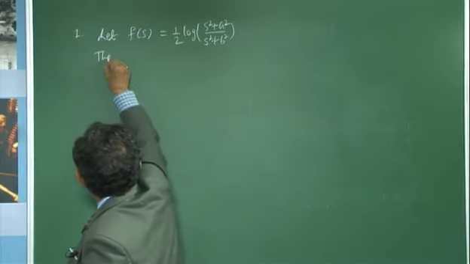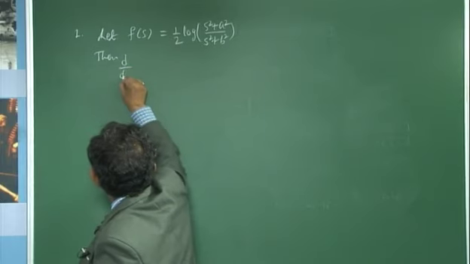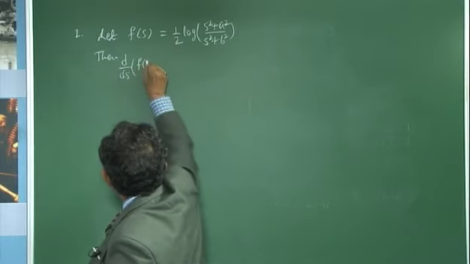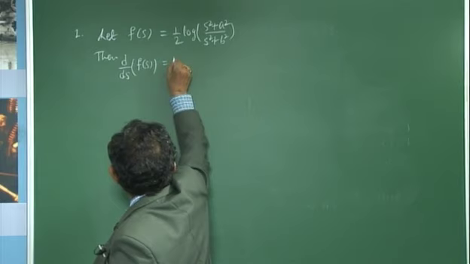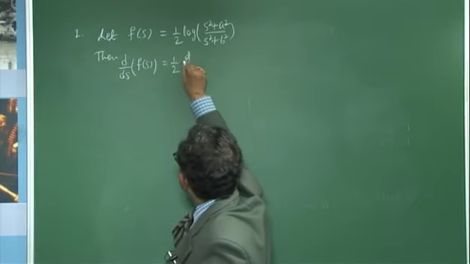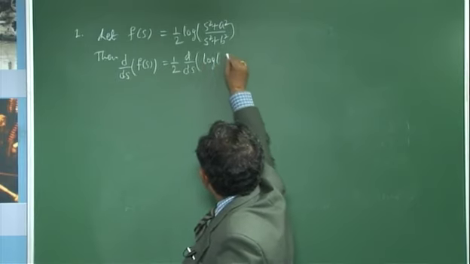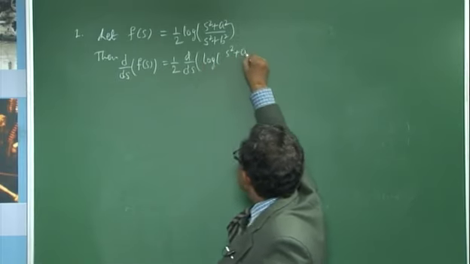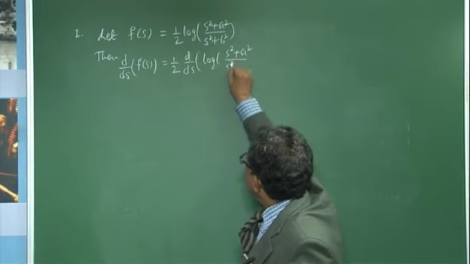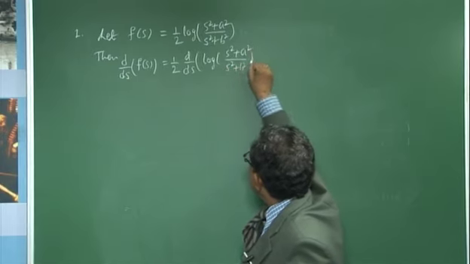Then d by ds of f of s is equal to 1 by 2, which is constant, d by ds of log of (s square plus a square) by (s square plus b square).